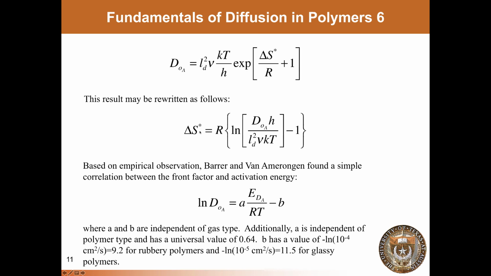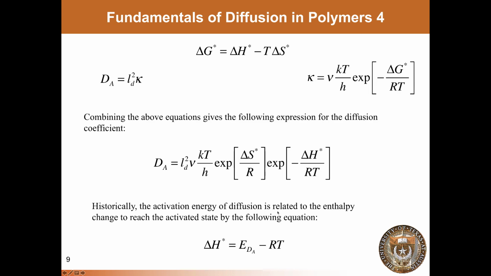We're going to talk just a bit more about what that means here in a moment. But the logarithm of D0 is proportional to delta S star. ED, on the other hand, is directly proportional to the delta H of the activated state.